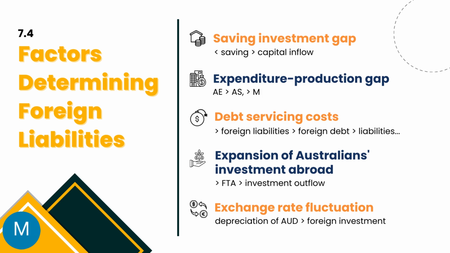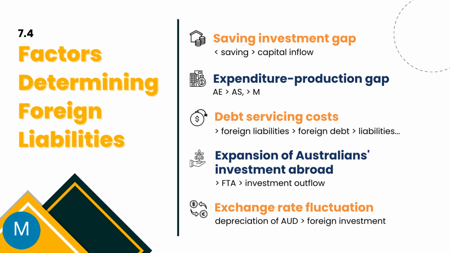Next, the level of debt servicing costs would also affect the level of foreign liabilities. The more debt servicing costs that we need to pay back on previous borrowing, the higher debt that we would have in the future in order to finance the current debt.